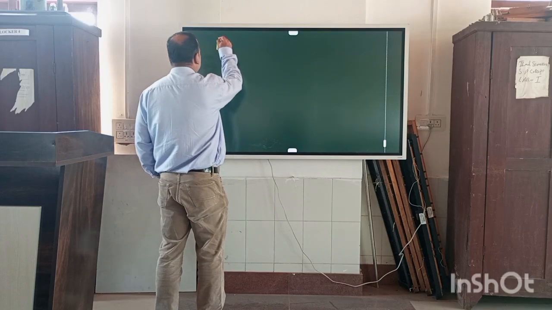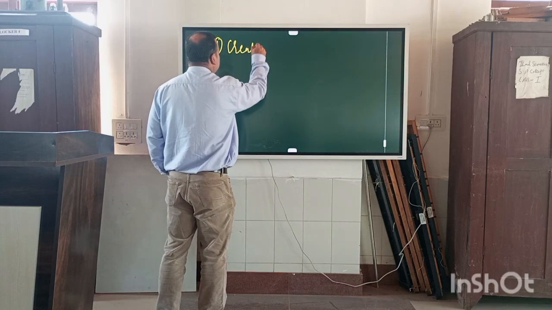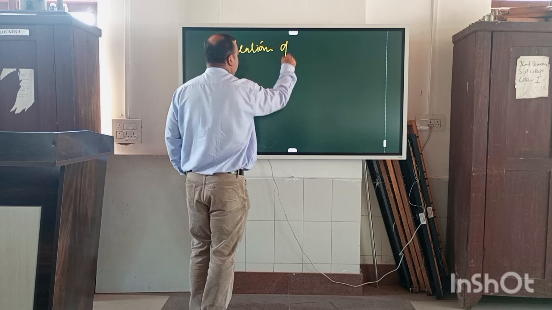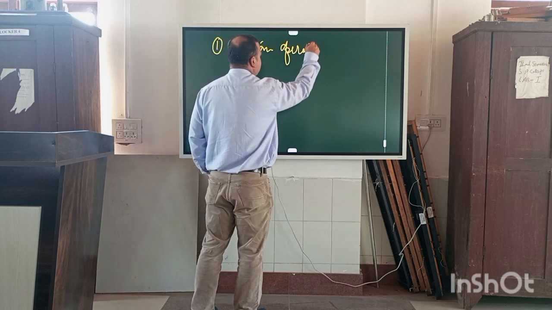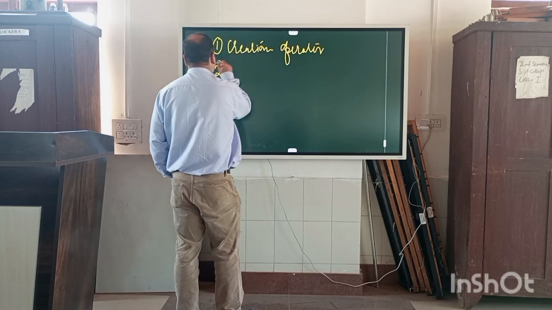One is the creation operator, and another one is the annihilation operator.